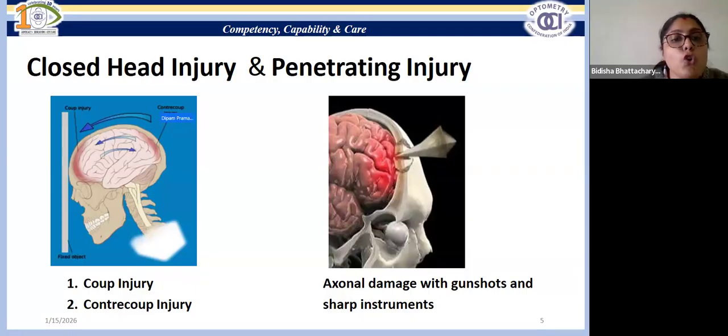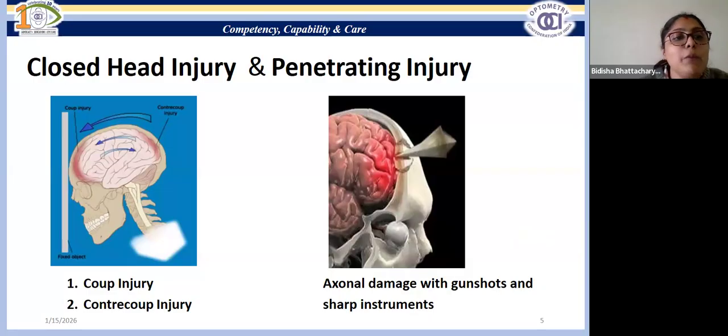This can result in skull fracture, subdural or epidural hematomas, and contusion of the underlying brain tissue. Next is the contrecoup injury or dislocation. This occurs after the head is in motion and strikes a stationary object. In automobile accidents, both types of injuries can occur. Next is penetrating injury.